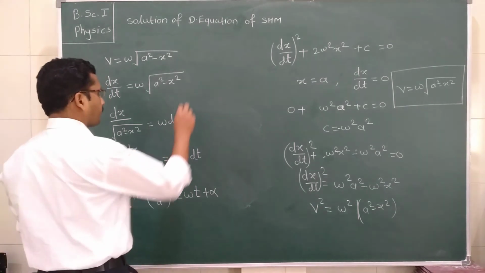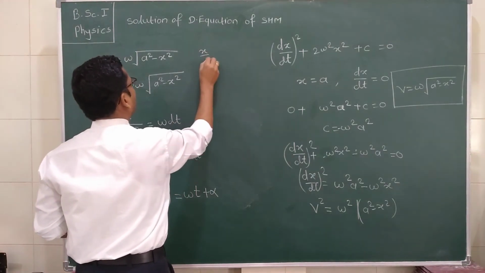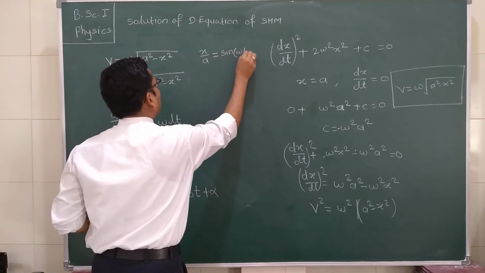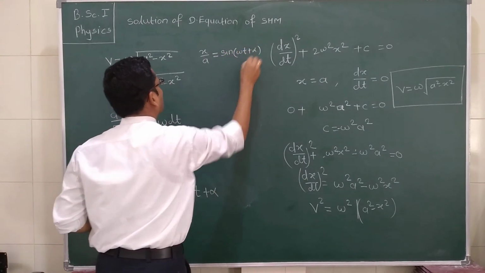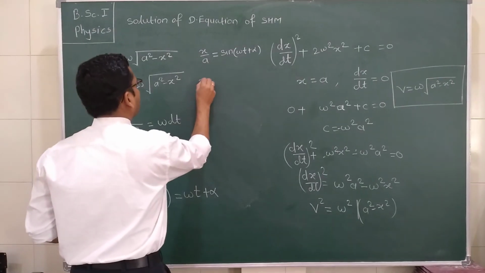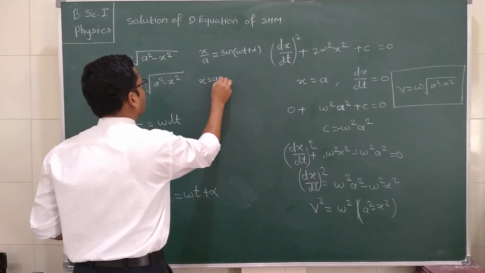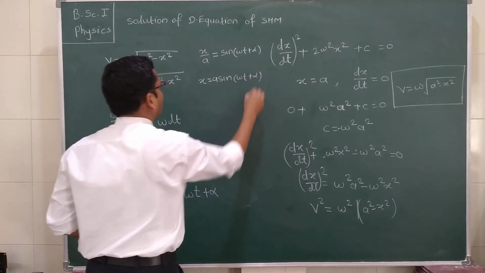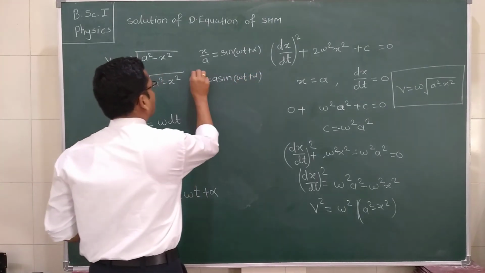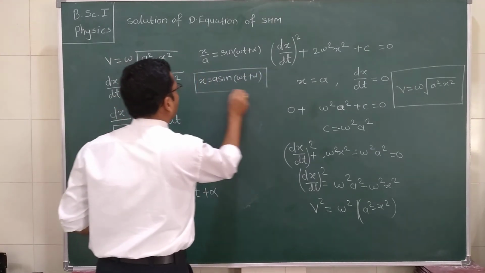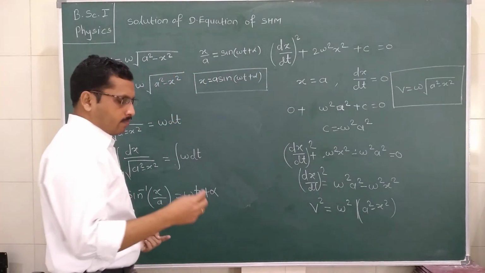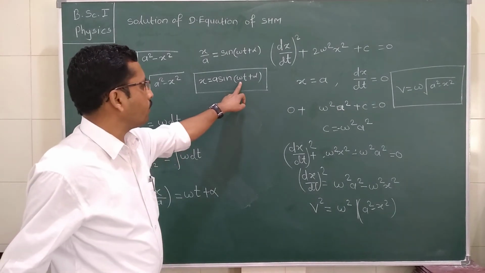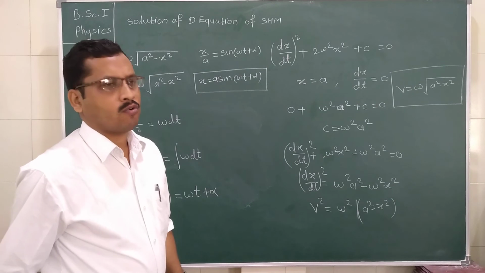Therefore, x by a is equal to sine of omega t plus alpha, or we can write x is equal to a sine of omega t plus alpha. So this is the displacement of the particle performing simple harmonic motion after time t, if it is moving with angular velocity omega.